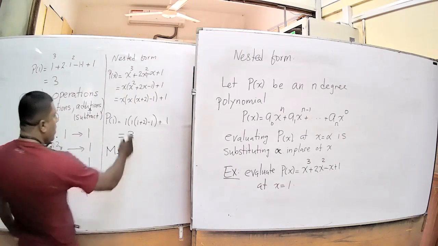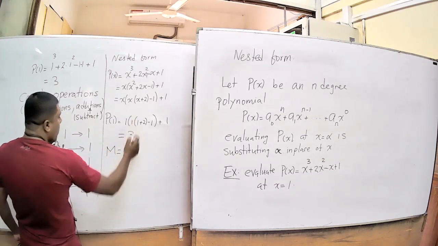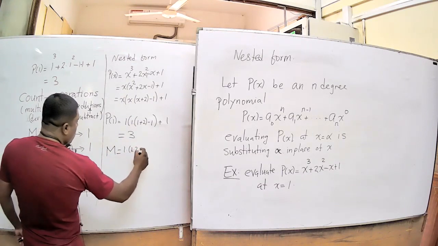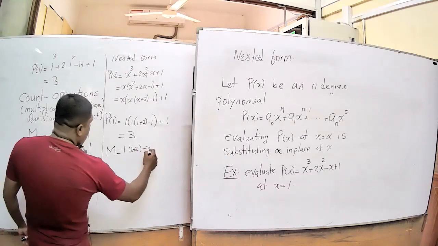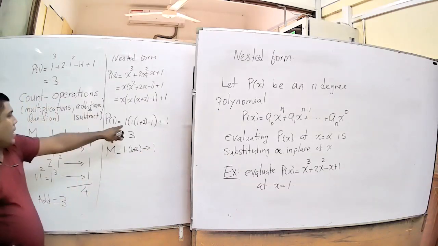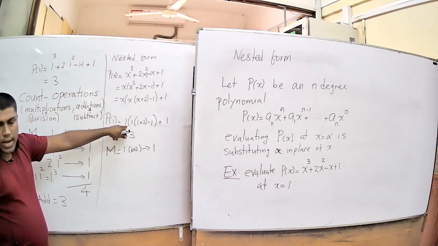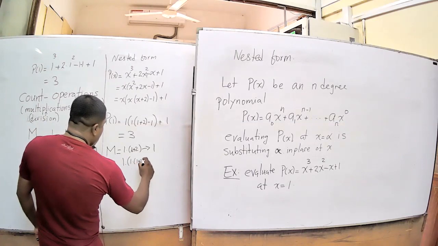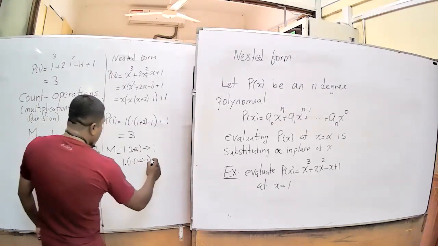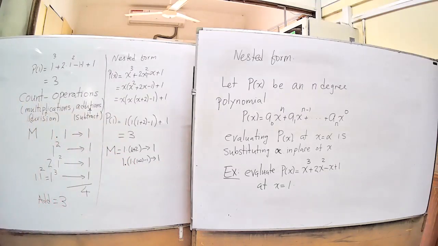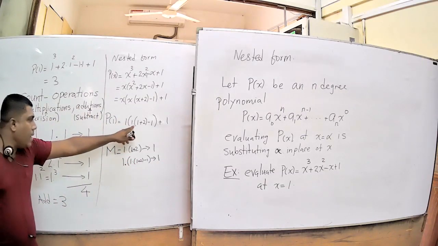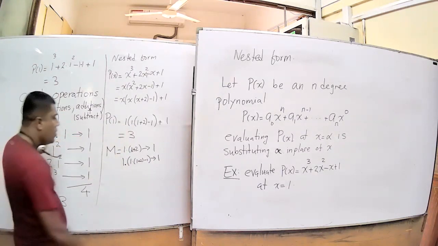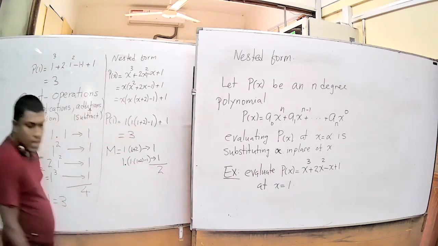You have a multiplication here, and then there is another multiplication here. There are no other multiplications. Only 2 multiplications.